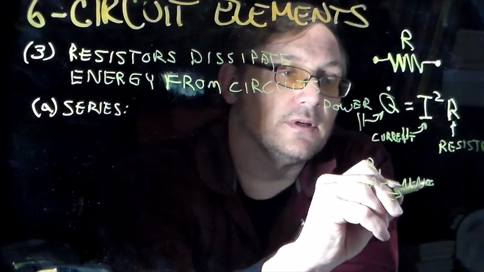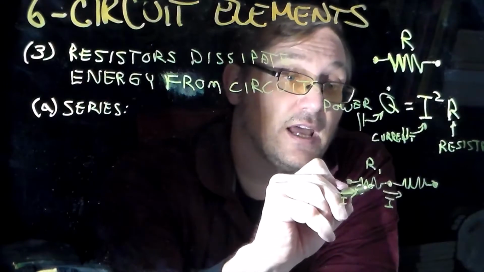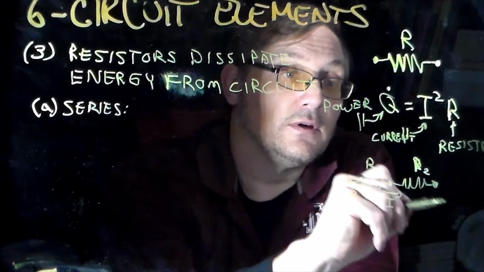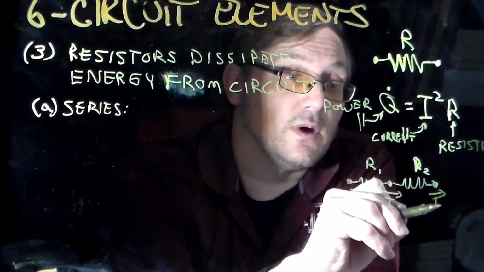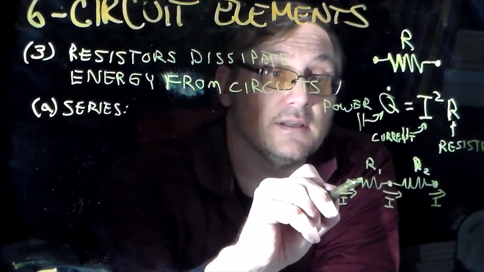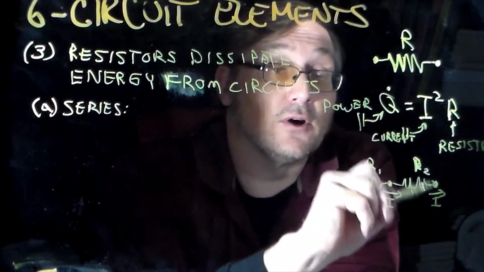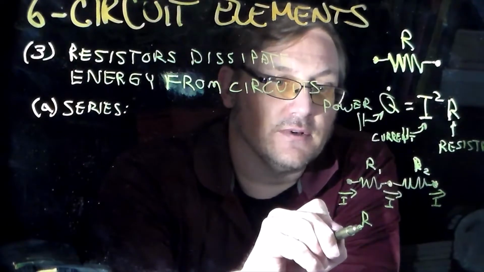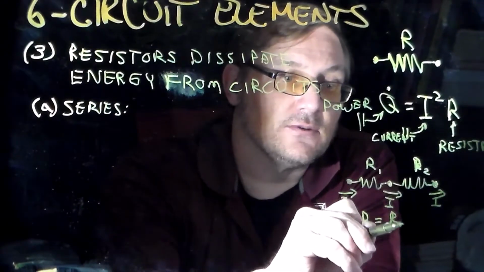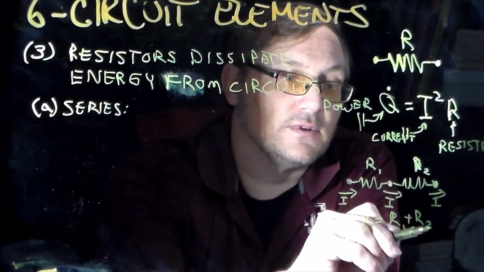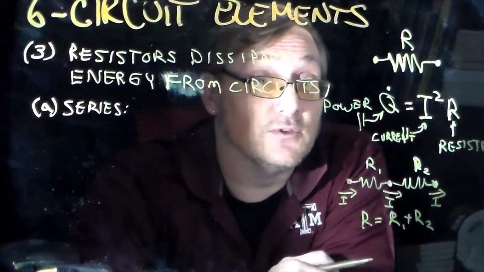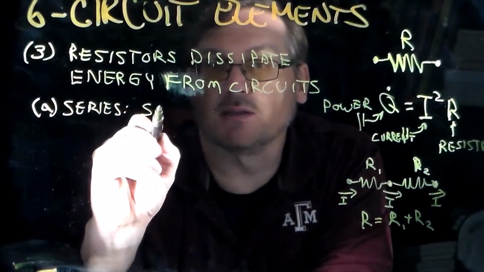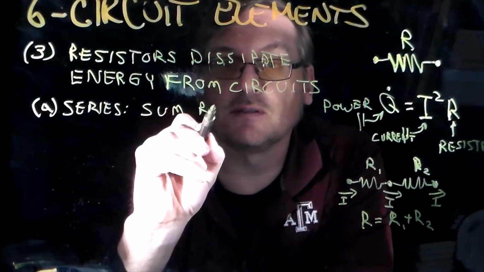All the electrons that go in have to be pushed out of the resistor, so you have the same amount of current, and the same thing happens here, so I there. So basically you have I squared R1 plus I squared R2, right? In effect, your equivalent resistance is just the sum of these two things. Each resistor independently loses as much energy as it was going to before, so basically you sum resistances.